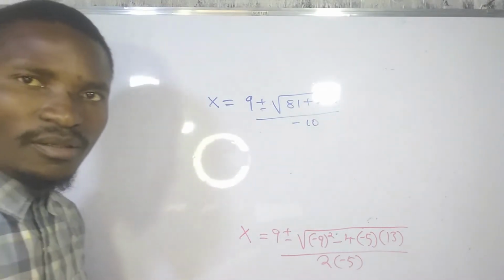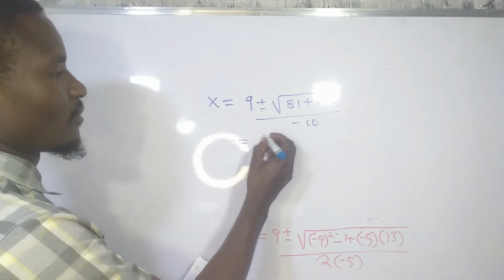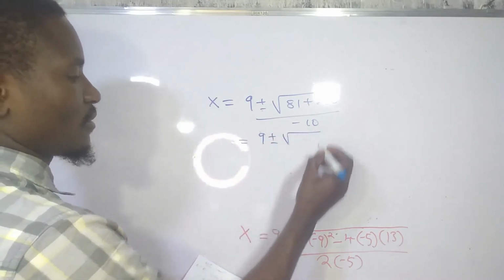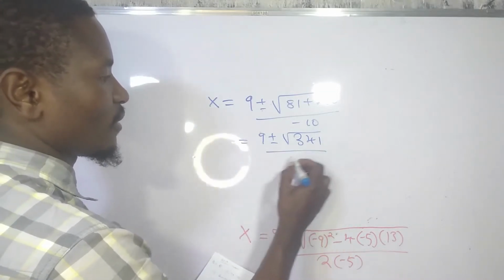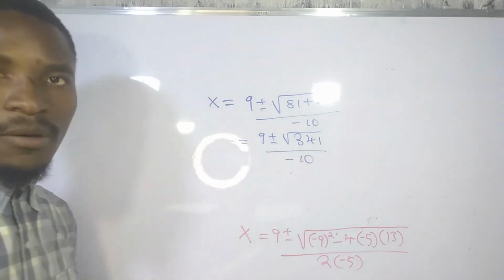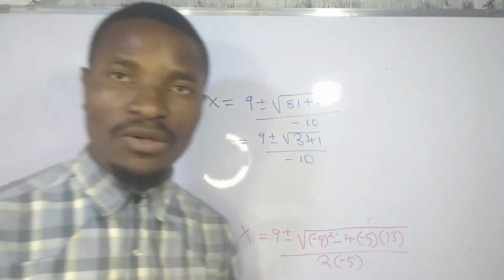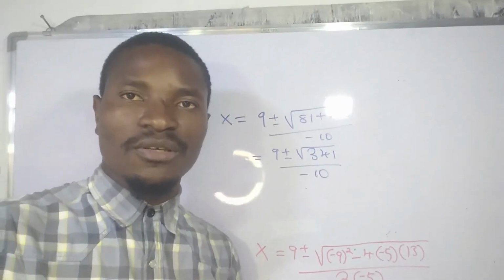Then this plus or minus is going to give you 341 divided by negative 10.